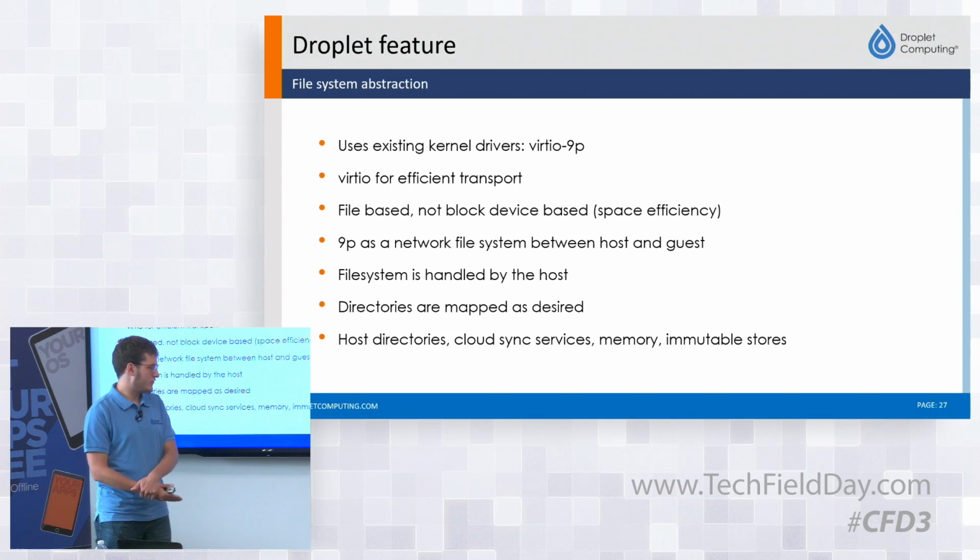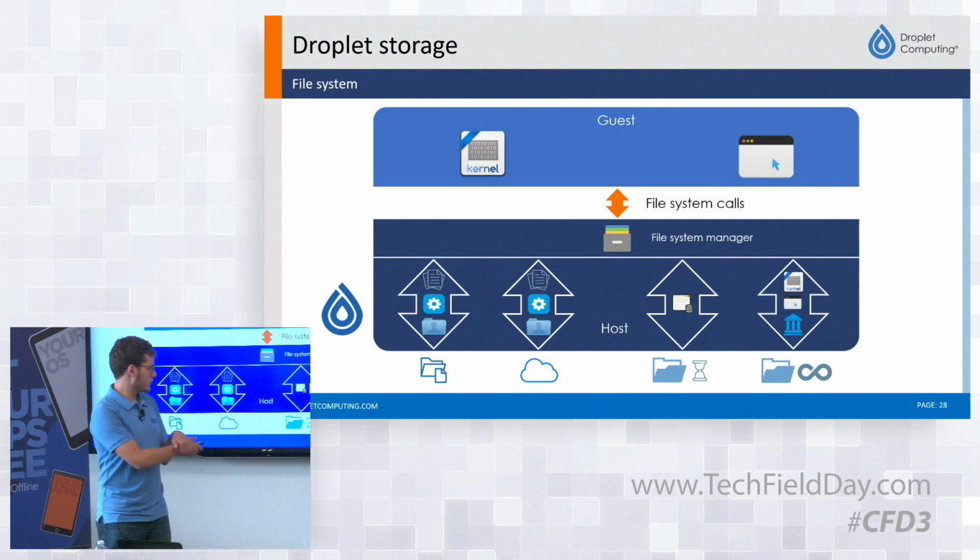We can sync other folders with a cloud service, and we can just load certain folders that are, for example, part of the application or part of the kernel or part of a library from an immutable store, similar to how Docker does it. And yeah, so here's an image of this. So we have this file system manager as part of our container that handles how file system calls are handled depending on which folder they're in, for example.